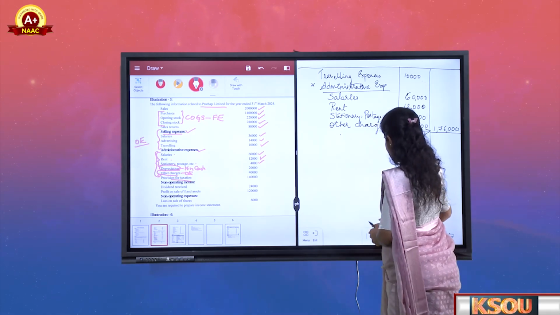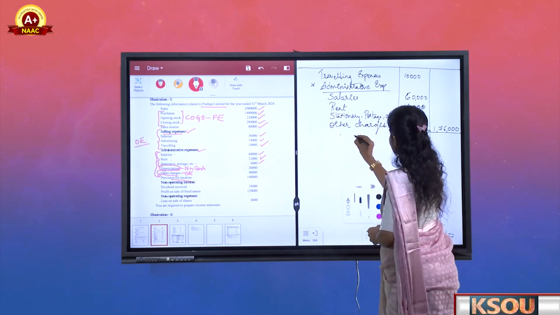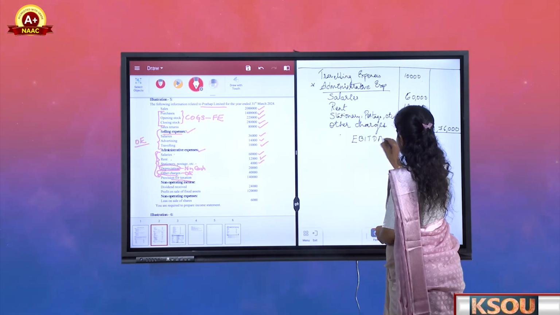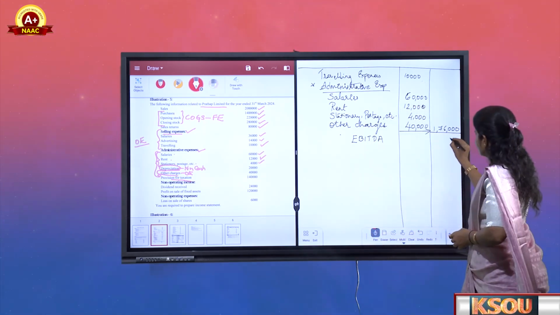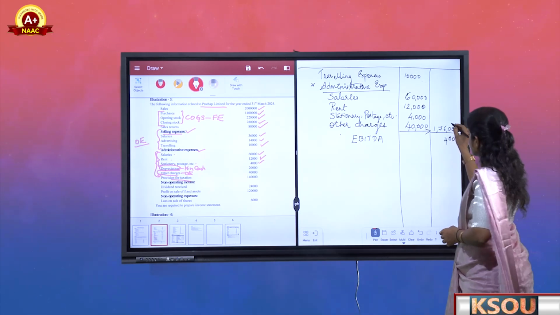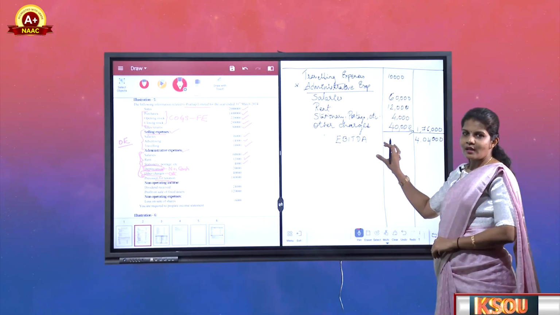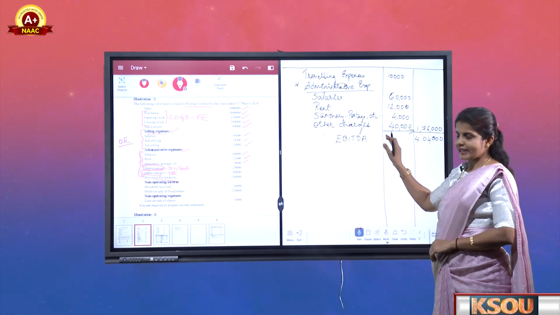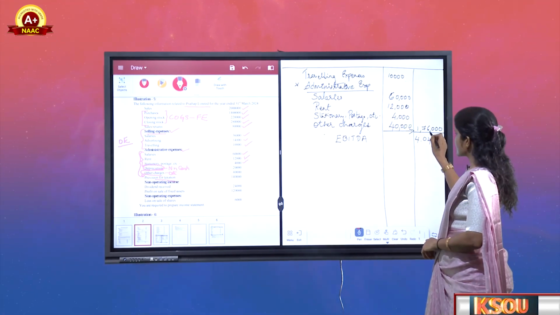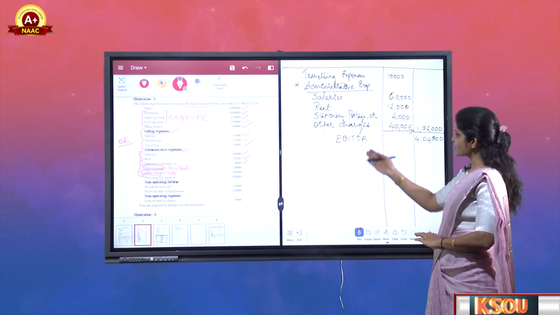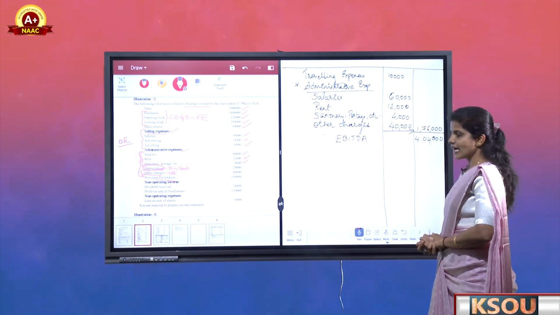So we consider this as EBITDA. The difference of gross profit 5,80,000 and the operating expenses 1,76,000 is 4,04,000. This is called EBITDA.